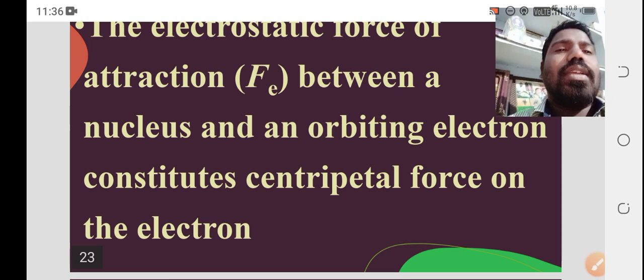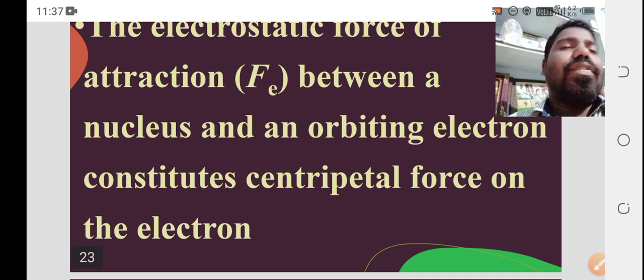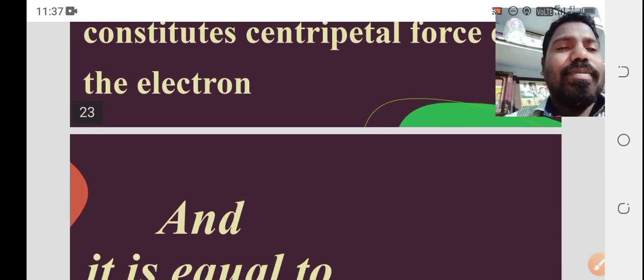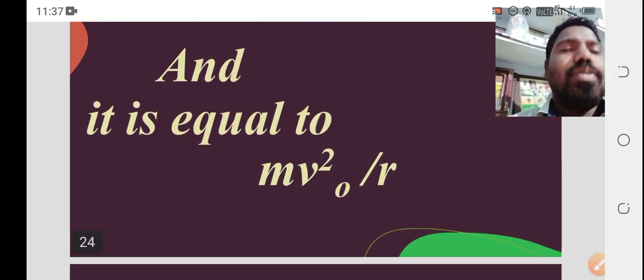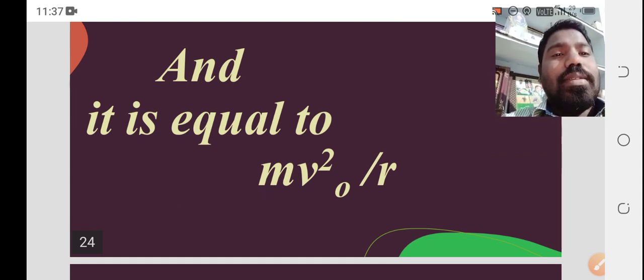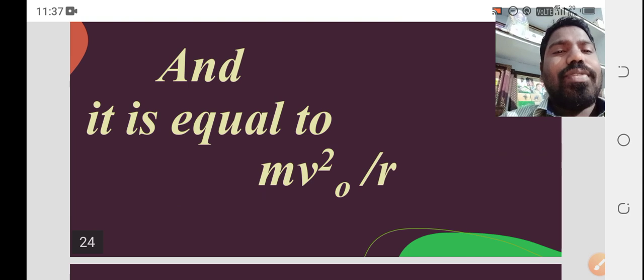The centripetal force is again considered as the electrostatic force. Simply it is defined as Fe, which is between the nucleus, that means the proton, and the orbiting electron, and it is equal to the centripetal force. That is defined as the electrostatic force.